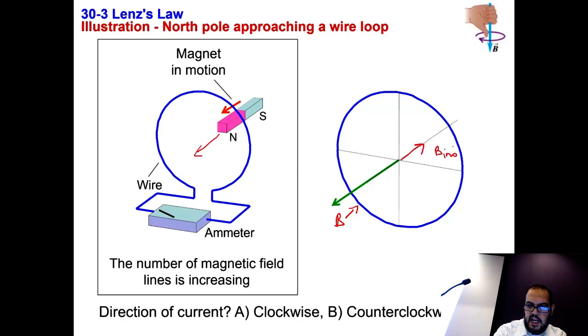It does not like the change because it's increasing flux, so it opposes it. In order to determine the current, we point our thumb along the direction of the current and see if it opposes it, so the current must be counterclockwise in order for the induced field to be into the page. So the current in this case is like this.